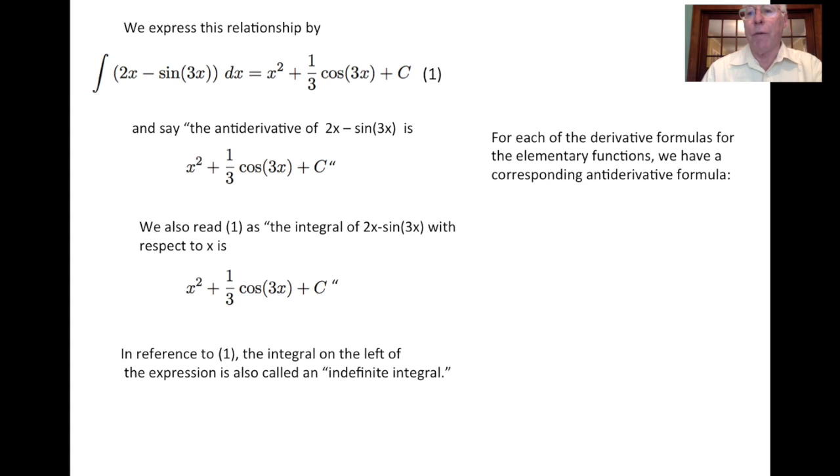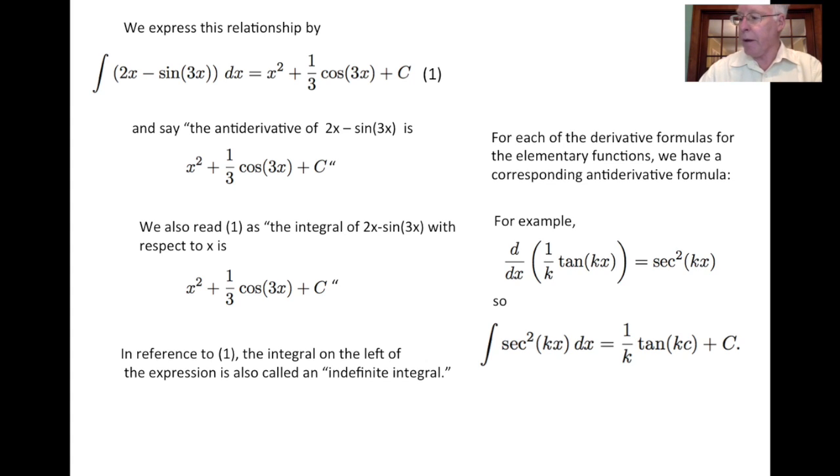Now, for each of the derivative formulas for the elementary functions, we have a corresponding antiderivative formula. We spent a lot of time learning derivatives, so you know a lot of derivative formulas.